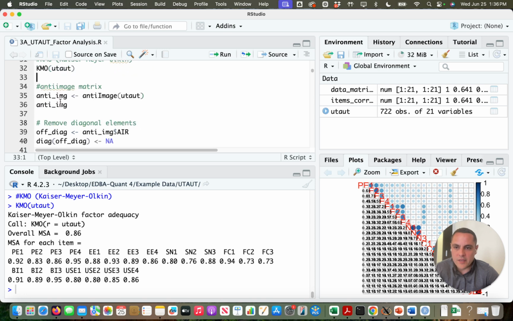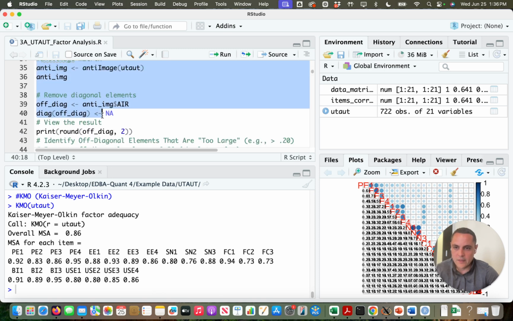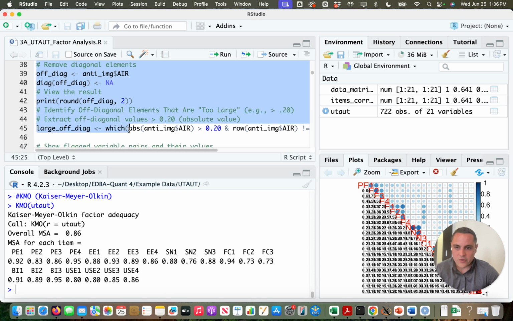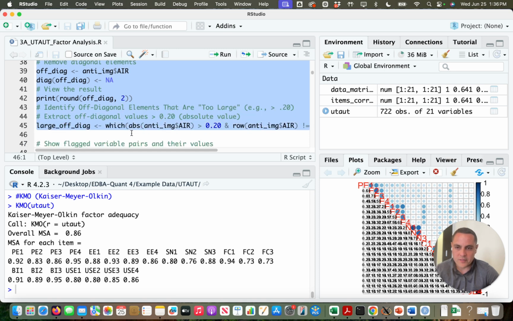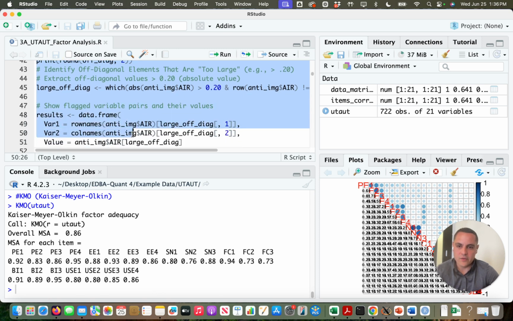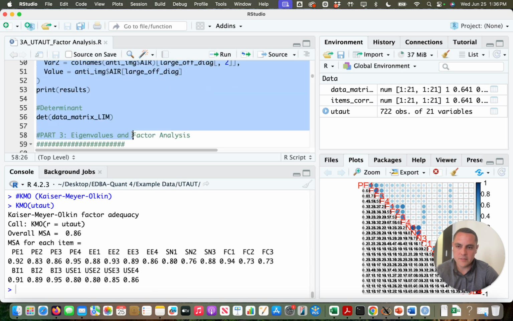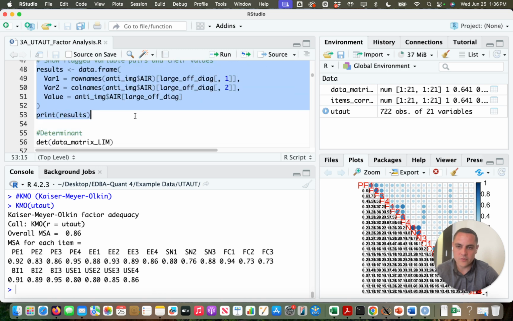All right, so anti-image matrix we'll take a look at as well. So we're actually looking at the off diagonals, and we're looking for larger values. So I'm going to run this block here, and then also flag those larger values and print those results.